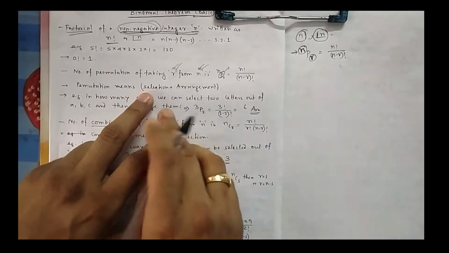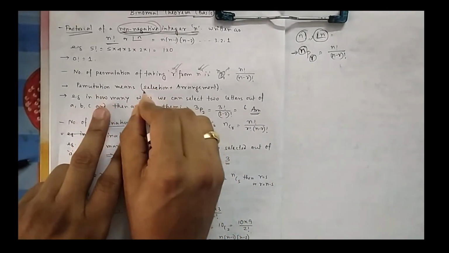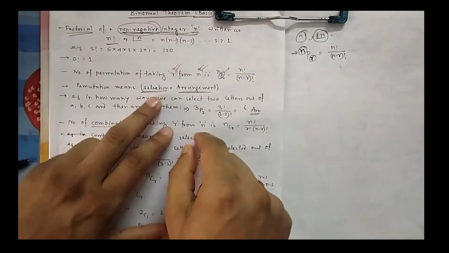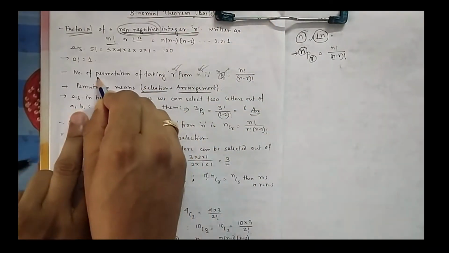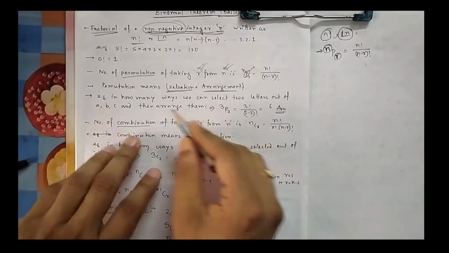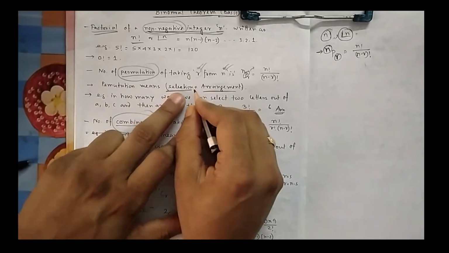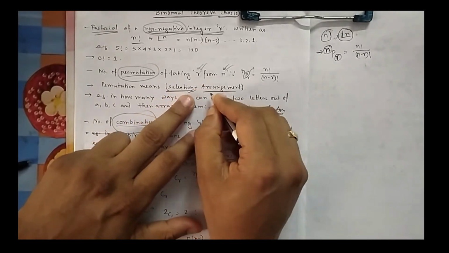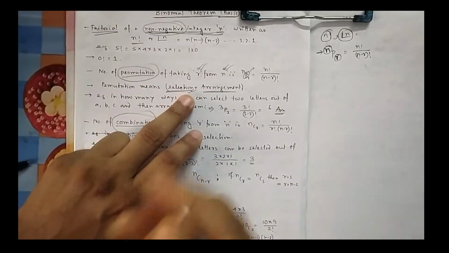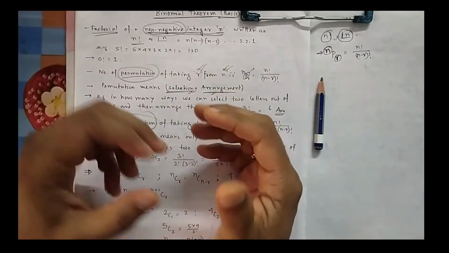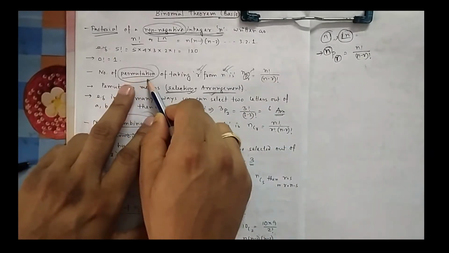Now what does permutation mean? It means selection plus arrangement. You have to do both things. If you are doing two things at a time, then we will take permutation, because in permutation combination the general confusion is when we take permutation and when we should take combination. So if you are doing two works at a time, that is you are working with selection and you also need to arrange, then instead of doing it step by step, we can mix these steps and do permutation.